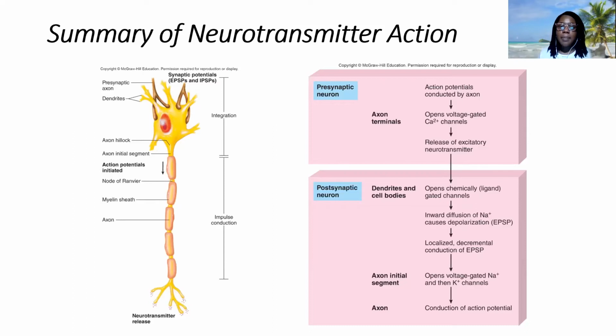So right, there's a lot of synapses happening. And so the presynaptic neuron can also be thought of as being a postsynaptic neuron. And the postsynaptic neuron can also be thought of as being a presynaptic neuron, because this is a sequence of events that's happening on several different neurons really quickly, and many different synapses occur throughout our entire nervous system.